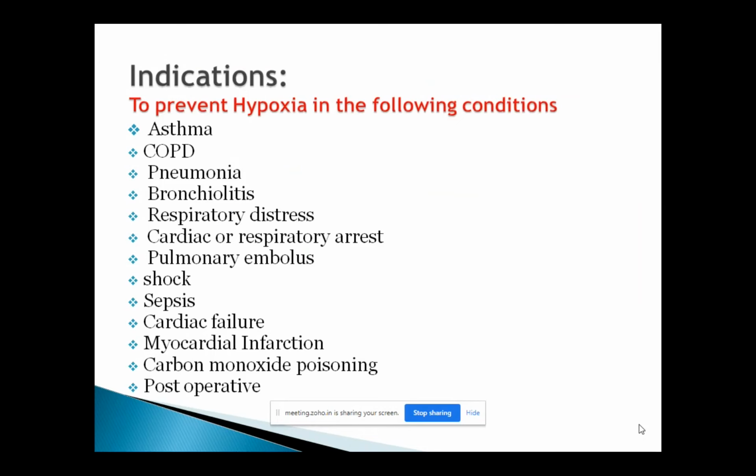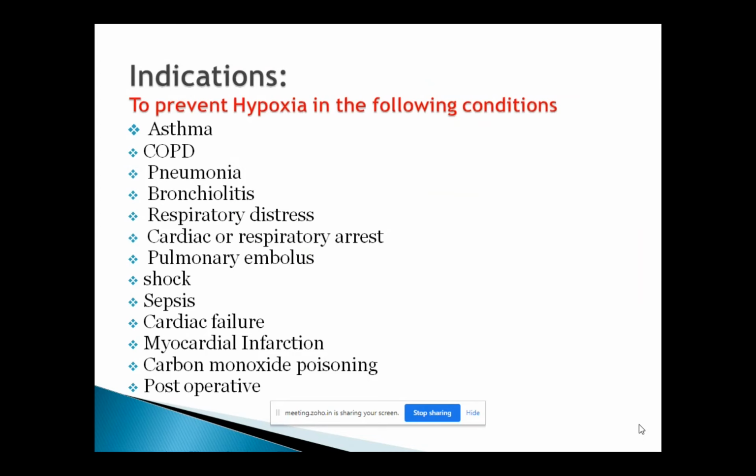So imagine you are saturating only 85% of oxygen throughout your body. That means your brain also will be saturated only 85%. Your kidneys also will be saturated only 85%. And all your vital organs will be saturated only 85%. Over a long period of time, all these vital organs will start to fail.